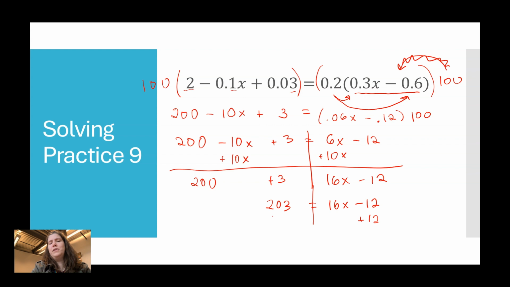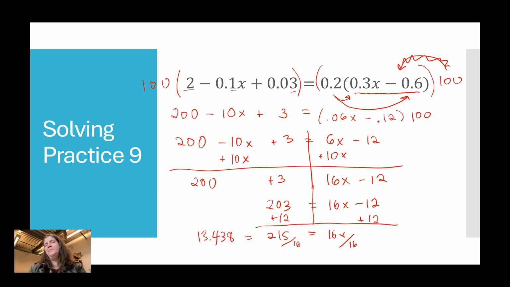Add 12 to both sides. Then we're going to have 215 equals 16x. So I'm going to divide by 16 on both sides and certainly get a number. My calculator says that's like 13.438. We'll round it right there.